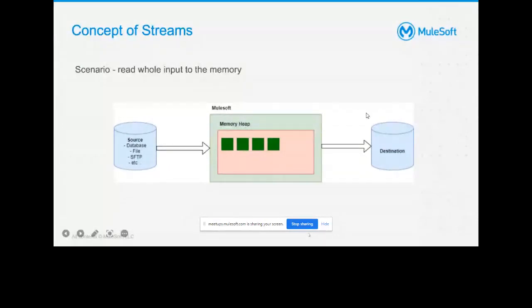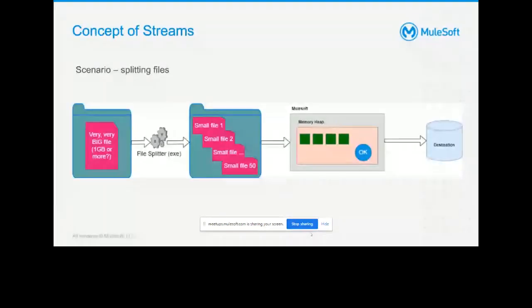So we'll see how it used to work in other programming languages as well. Consider this case, we have a very big file of 1 GB. We have some Java program, or there can be many scripts we can use, to split this file. It was 1 GB and our heap memory was only 20 MB, let's suppose.